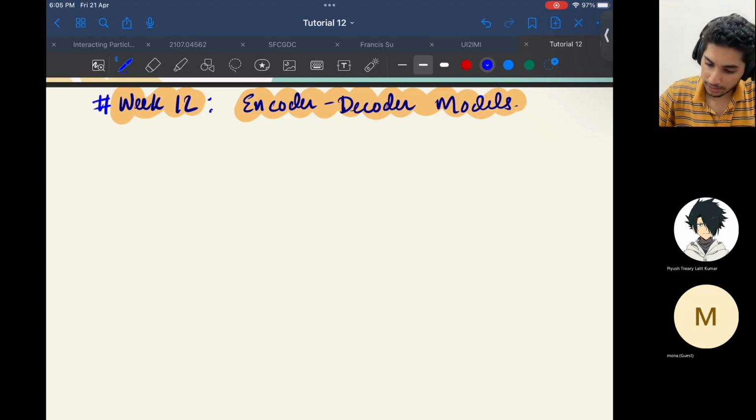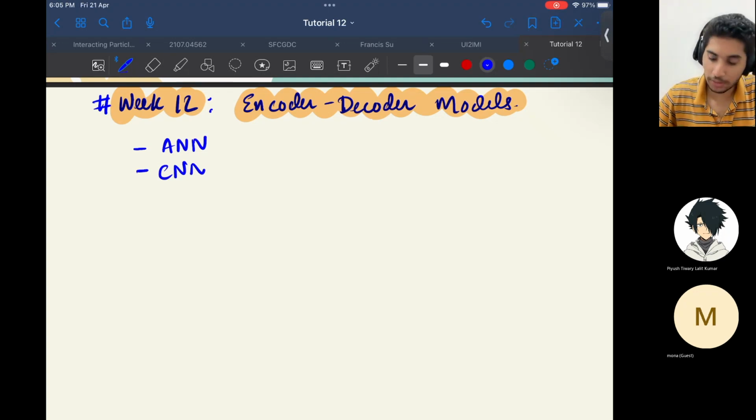For example, we learned about artificial neural networks, simple feed-forward networks. We learned about CNNs. We learned about RNNs last week.